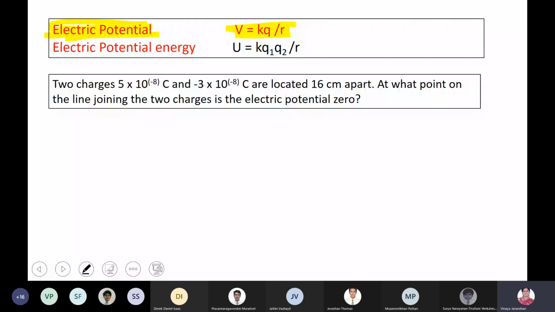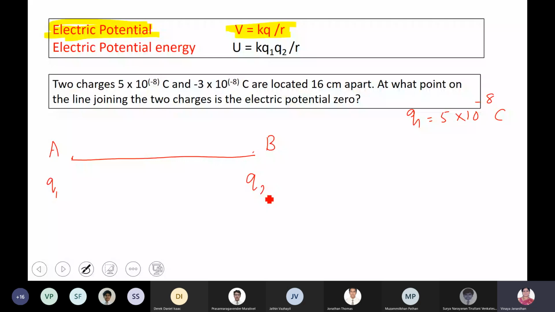Two charges, right? I'll put point A and point B. At point A you have a charge Q1, which is 5 into 10 to the power of minus 8 coulomb. At point B you have another charge Q2, which is minus 3 into 10 to the power of minus 8 coulomb. Both are placed 16 centimeter apart.